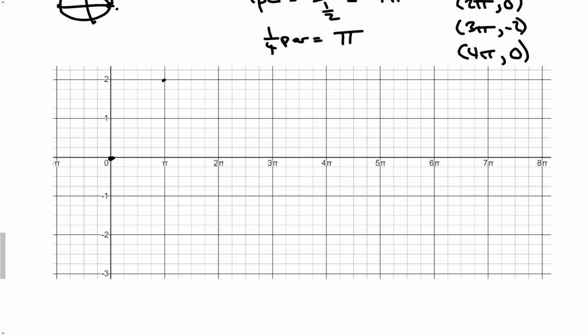All right, so 0, 0, pi 2, 2 pi 0, 3 pi negative 2, 4 pi, and the question said graph it between 0 and 8 pi. So here's the first half, and then the second half just repeats itself as we graph the rest.